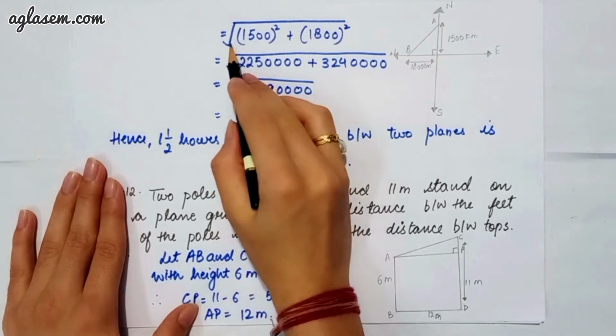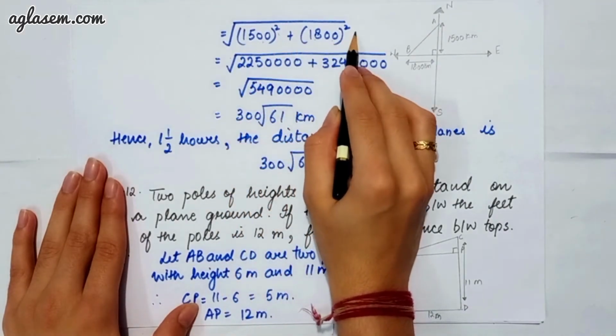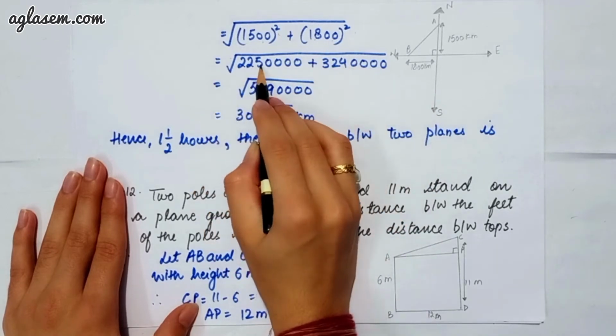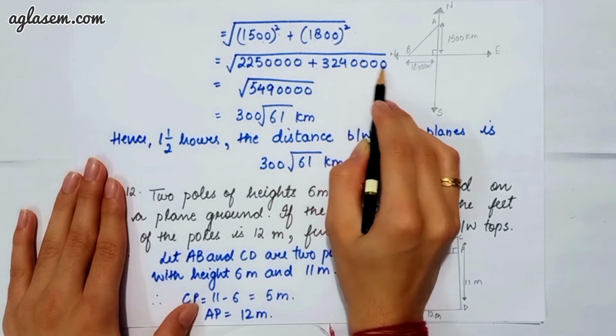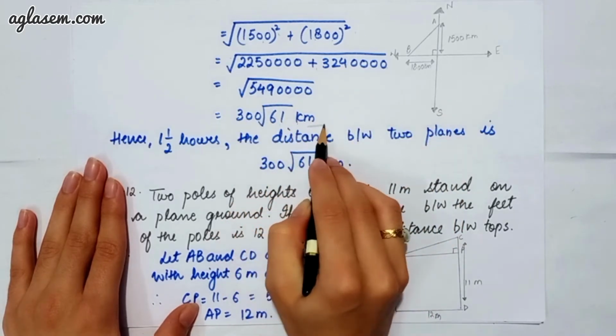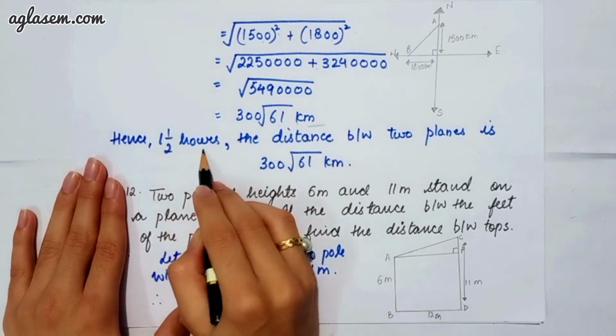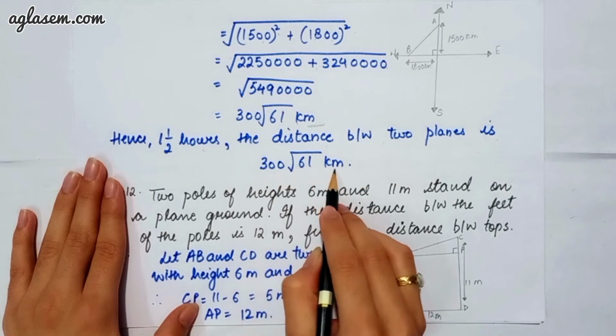Solving further, we will get root 1500 whole square plus 1800 whole square, which will give you root 225,000 plus 324,000. Solving this, we will get 300 root 61 km. Hence, in 1.5 hours, the distance between the two planes is 300 root 61 km.